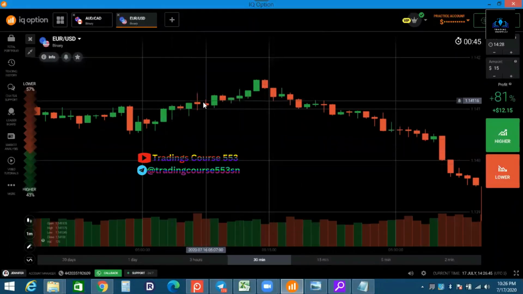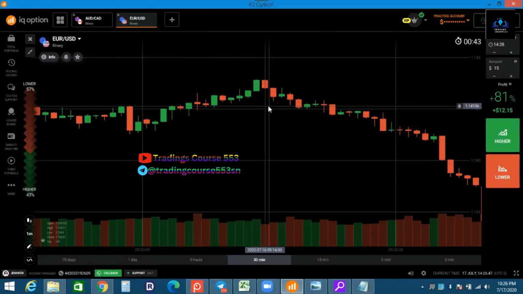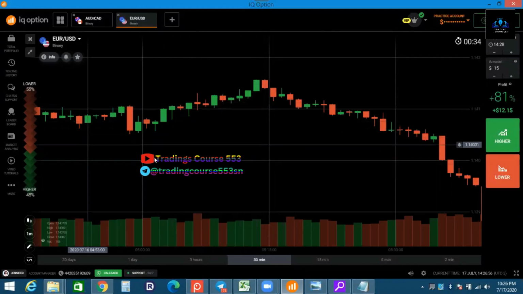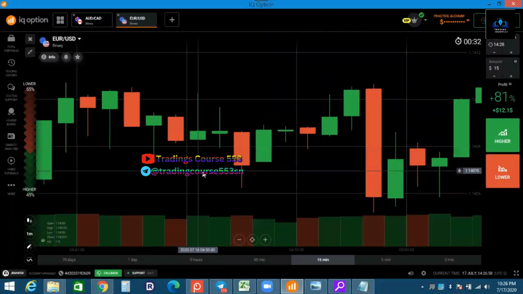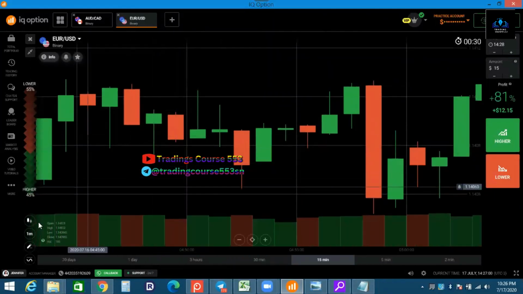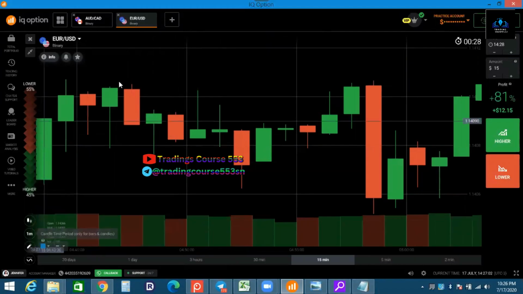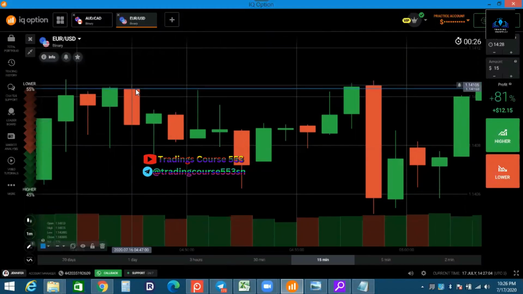So we must understand what to look at on the support level or resistance level: whether volume is increasing or decreasing. Okay, so if I say I'm taking any level, if there is a level, okay.